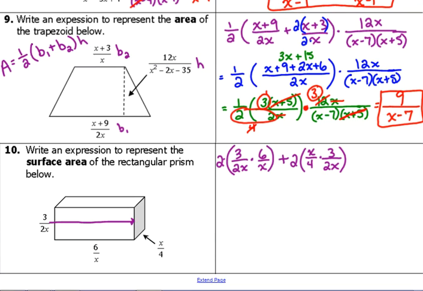So we've got 4 of the faces taken care of. We've got 2 left, and that's the top and the bottom. So it has a width of 6 over x. And let's see here. However you want to identify it, the height would be x over 4.